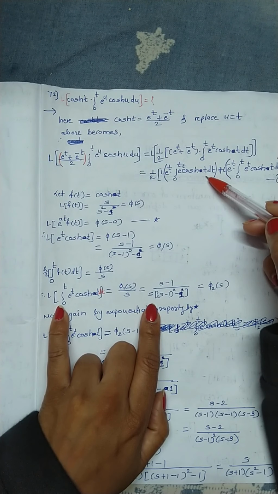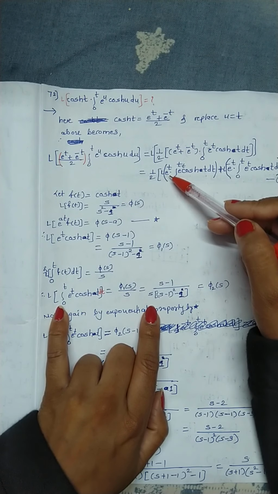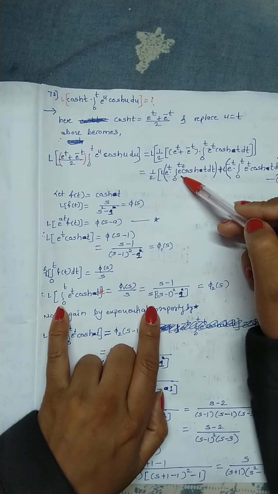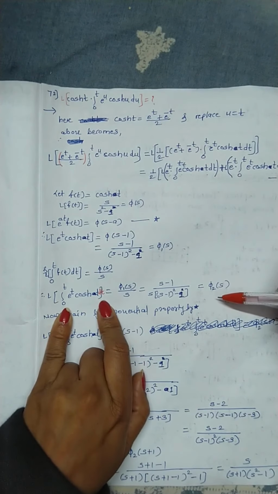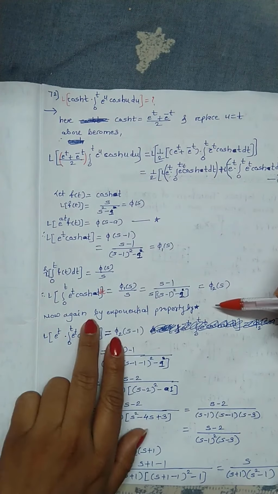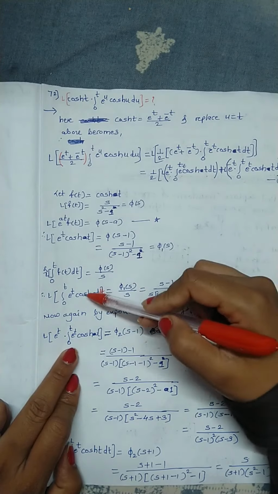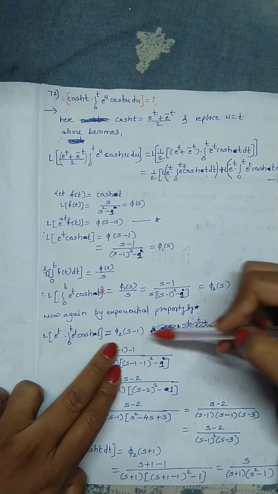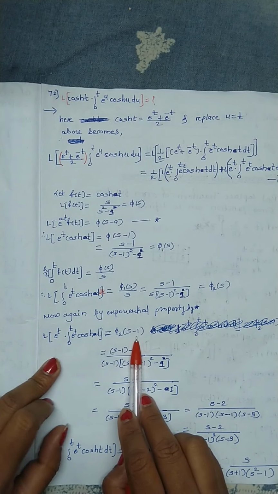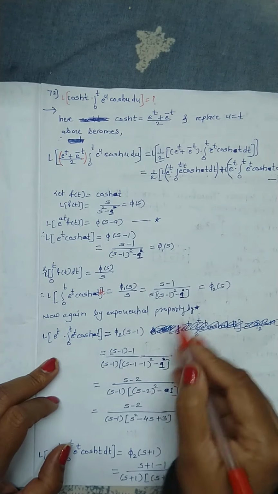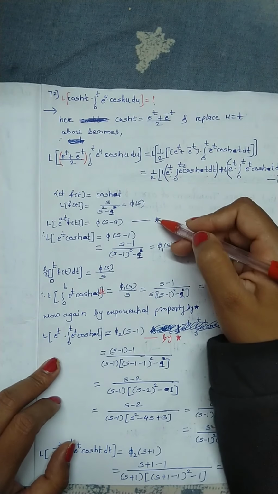Now we have to multiply by the exponential again, so we have to use the exponential property again. Call this Laplace phi 2 of s, and apply the exponential property again. What we get is the Laplace of e raised to t into this integration is just phi 2 of s plus 1 minus 1, the opposite of this, using the star formula.